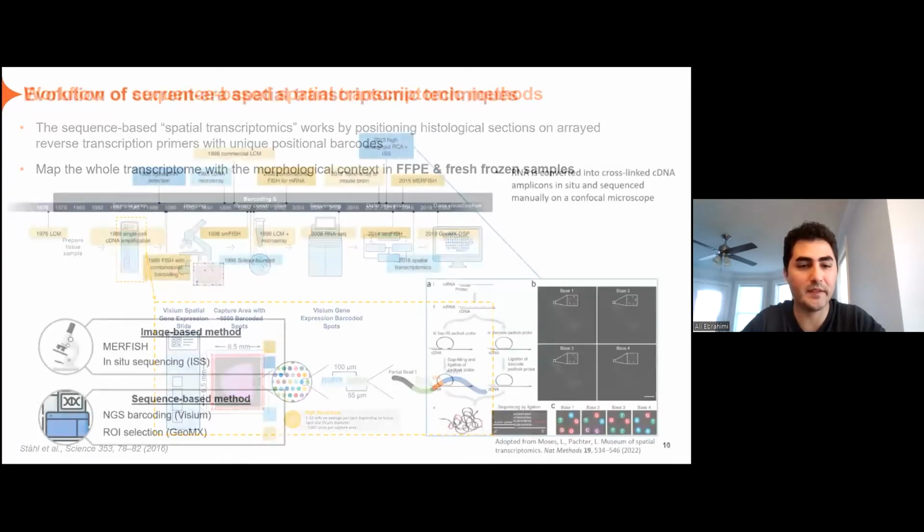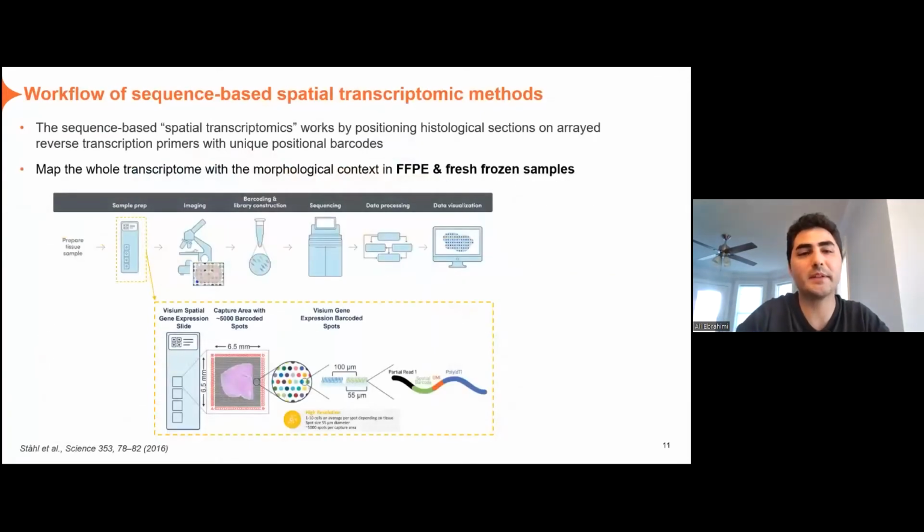Next, I wanted to talk a little bit about the sequence-based technologies. With the previous methods, you don't really need next generation sequencing. It's all imaging. But these technologies require both imaging and sequencing.